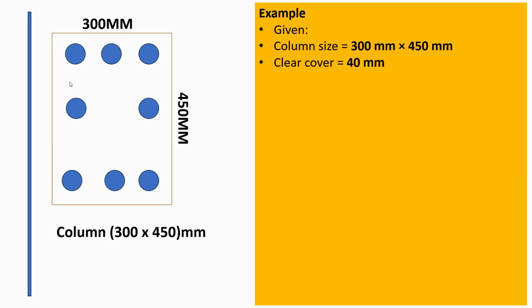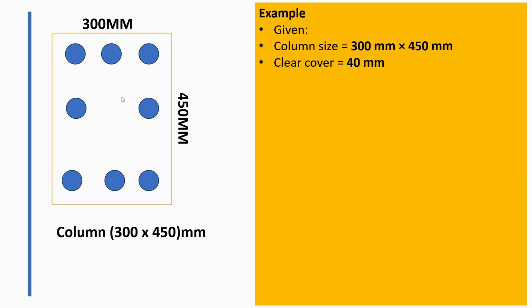What would be the length of our tie, or our stirrup? When we are designing columns, we include ties which enable us to prevent our column from the torsion effect, tension. In order to maintain the position of these reinforcement bars, we need to add what are known as stirrups.